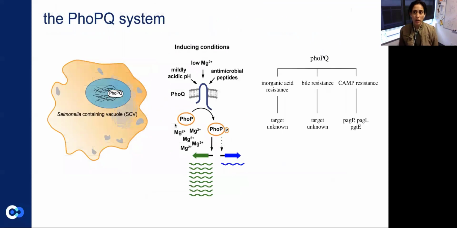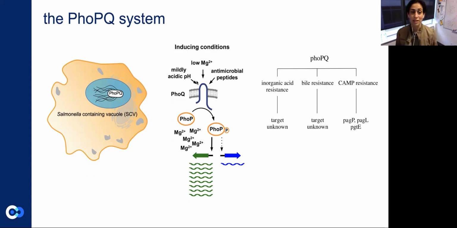So quickly a word on the PhoP/PhoQ system. Basically, the job of the PhoP/PhoQ system is to modulate gene expression according to the environment. PhoQ is the sensor kinase that is activated in these stressful conditions in the Salmonella containing vacuole inside cells.